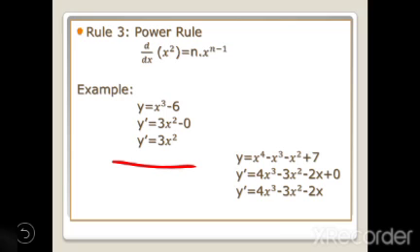So we have y prime equals 4x cubed from the derivative of x to the power of 4 minus 3x squared from the derivative of x cubed minus 2x from the derivative of x squared plus 0 from the derivative of 7. So, we have the answer, y prime equals 4x cubed minus 3x squared minus 2x.